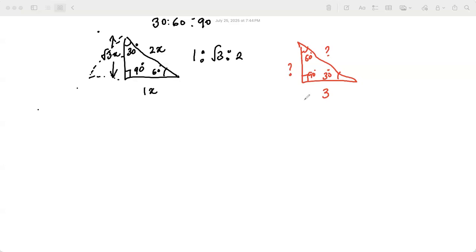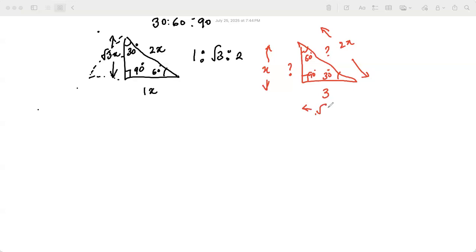Let me see. Okay, you want me to put it out to you? Starting from the side opposite to 30 degrees, the ratio is x or 1. The longest side is 2x. The medium side is root 3x.